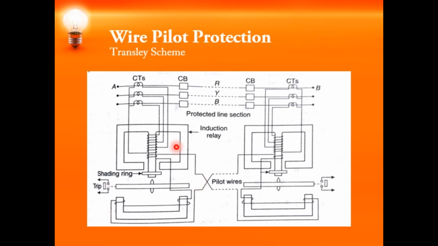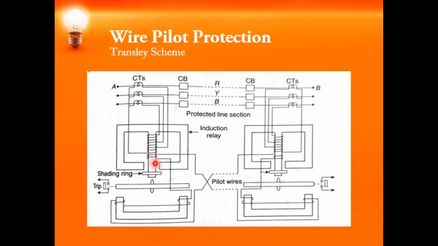This is the upper magnet, and the upper magnet winding is fed from the CTs, so it carries a current equal to the sum of the currents flowing through the CTs. Under normal conditions and in the case of external faults, no current circulates through the pilot wires and through the lower magnets of the relay.